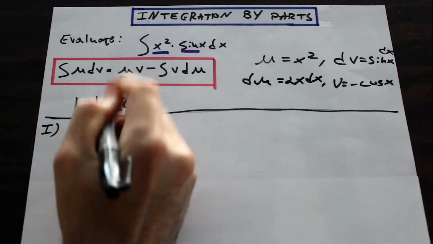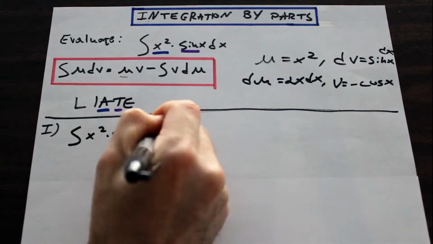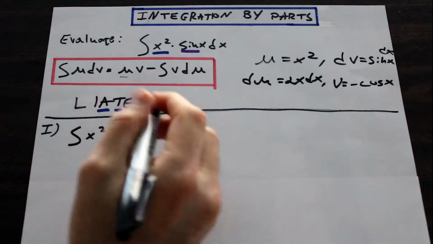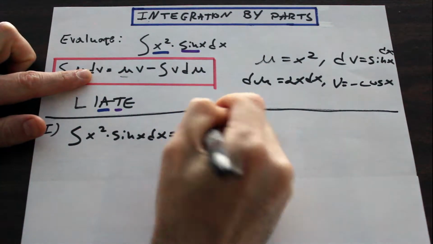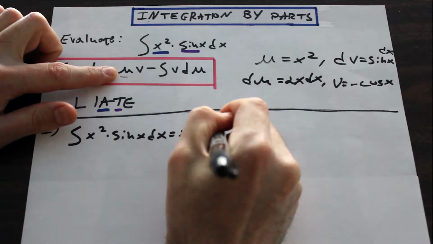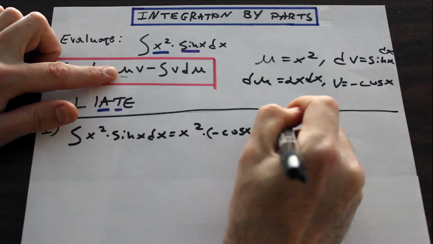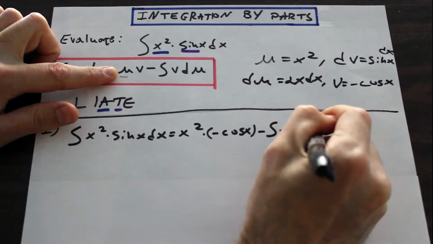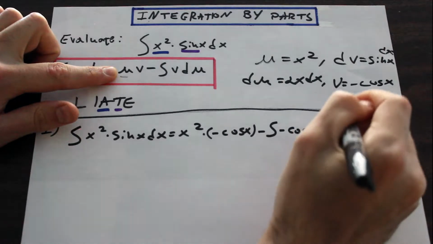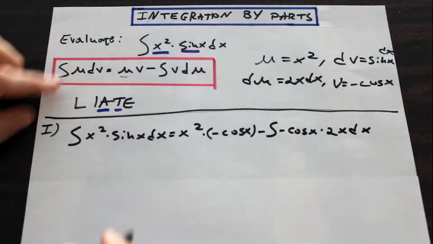So the integral of x squared times sine x dx, which is good because that's what we want to find, is x squared times minus cos x minus the integral of minus cos x times 2x dx.